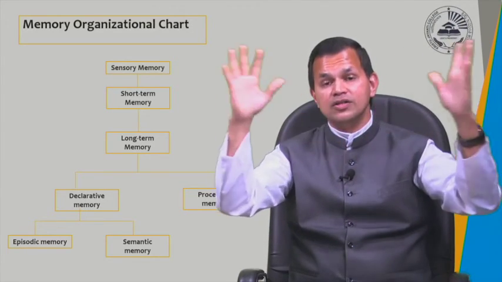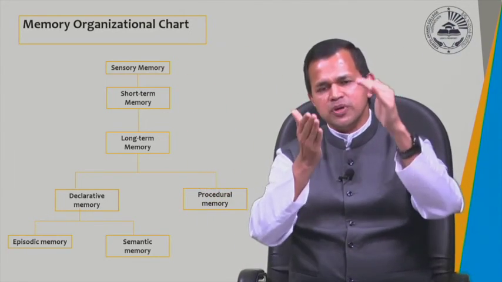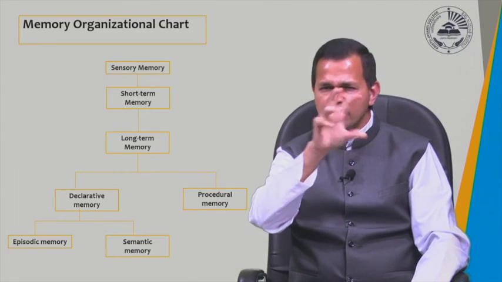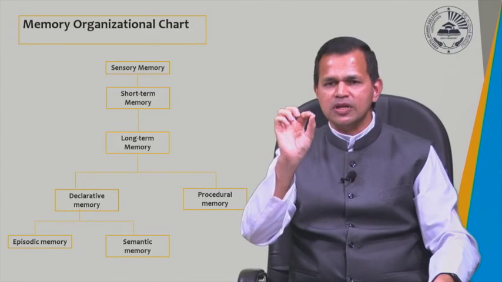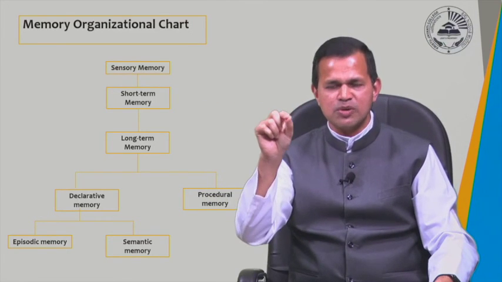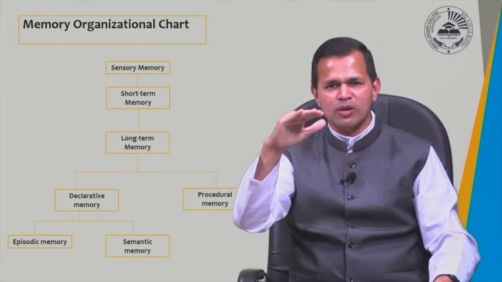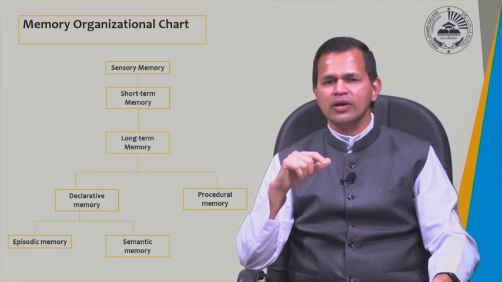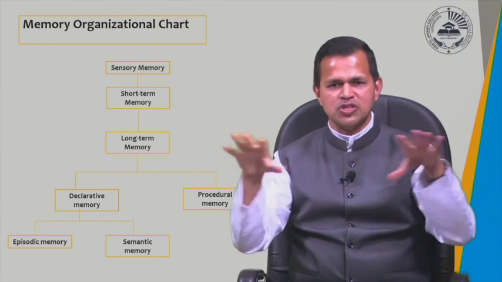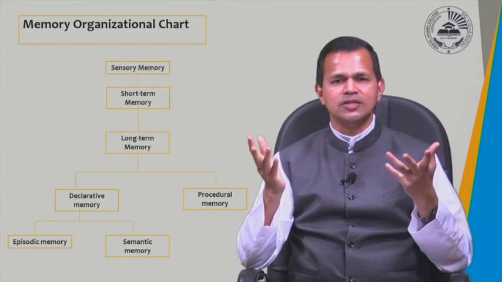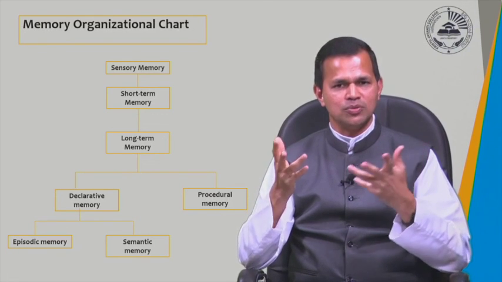Then, by your attention, some of that is accepted and taken to short-term memory, where you process it and make some connections. The third one is long-term memory, in which we already said there is procedural memory, declarative memory, semantic memory, and episodic memory. We will continue in the next hour.